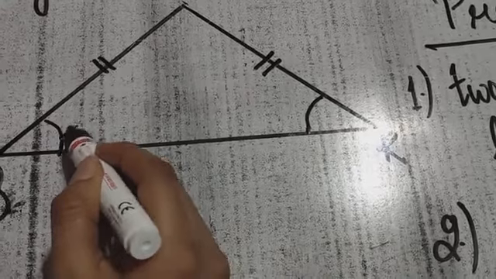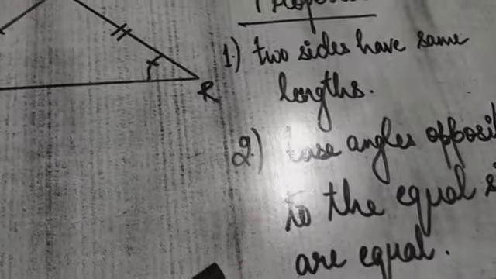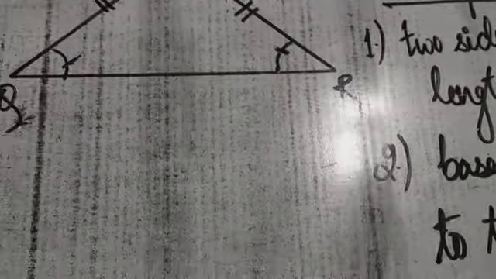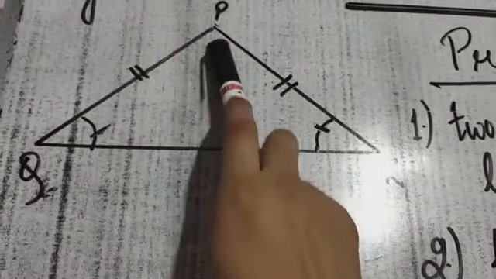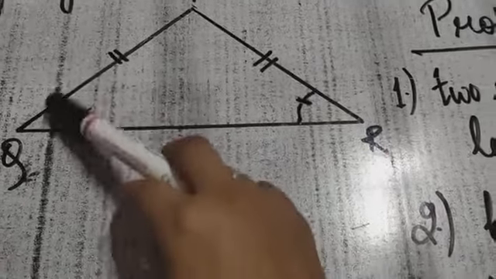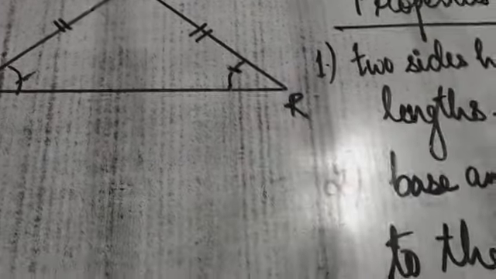So they will be equal. In an isosceles triangle there are only two sides of the same length and the angles opposite to these two sides are also equal. This is about the isosceles triangle.